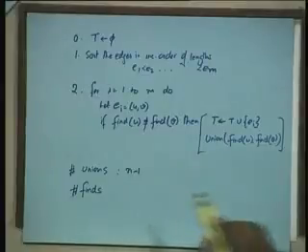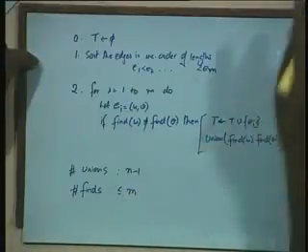How many finds will I have? For every edge I consider I have to do 2 finds. In the worst case, how many edges will I consider? All the m edges, no more, right.